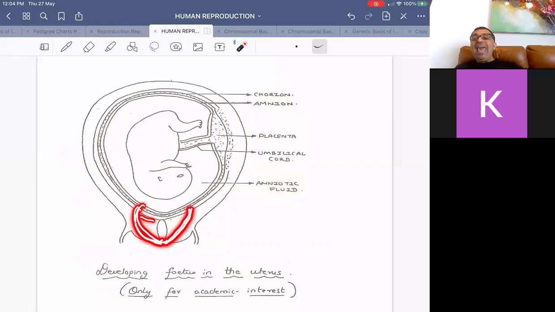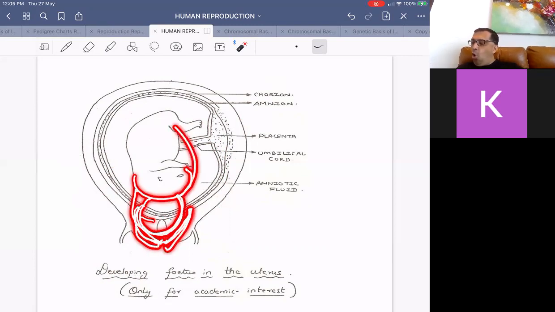A concave shape forms and the head of the baby is convex. So the convexity of the head fits into the concavity of the cervix and the baby's head gets locked in the cervix. It gets locked in the cervix, now its rotation stops.